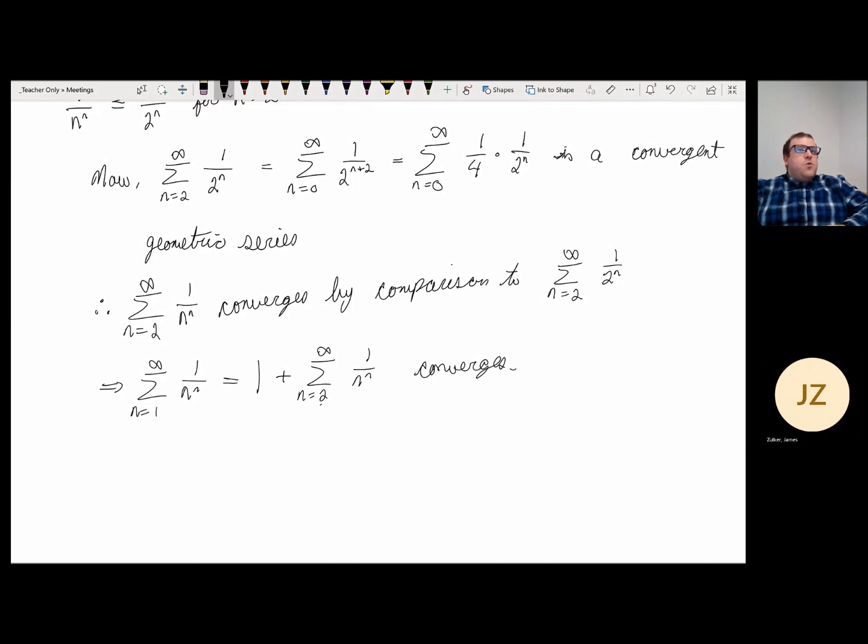Likewise, if you add a finite number of terms to a convergent or divergent series, it doesn't affect it. It will still converge or diverge. Adding or subtracting finite terms doesn't affect convergence.